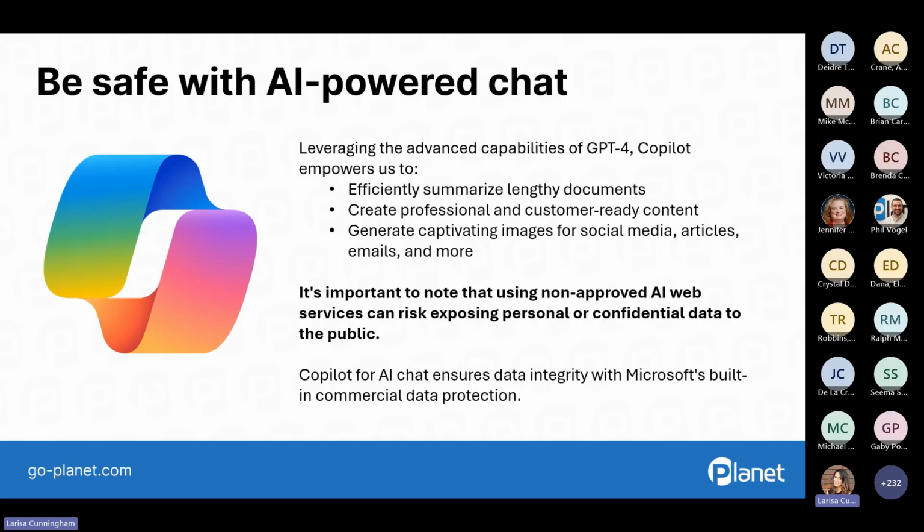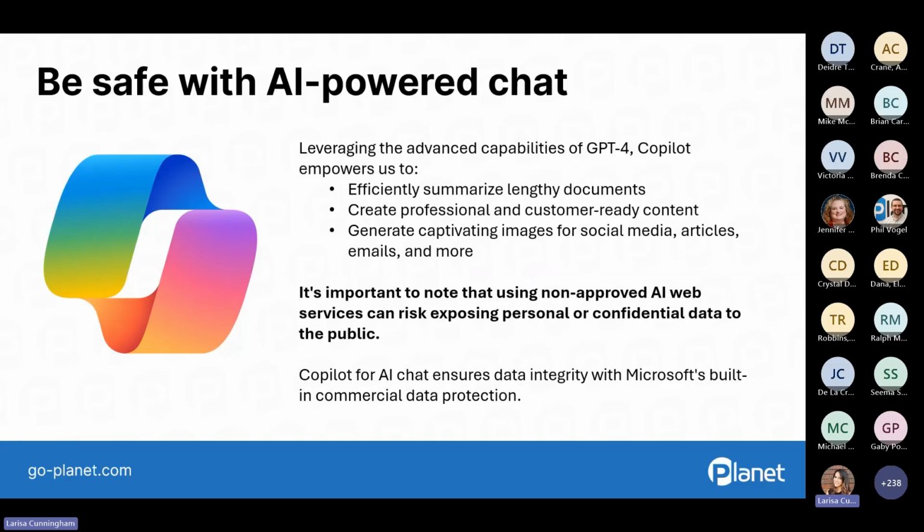But at the end of the day, one of the important things to understand with a lot of these tools and these large language models is that many of these tools rely on utilizing the information you provide through that conversation to train their model so it does better in the future. So with that, that can potentially pose some risks with our personal or confidential data.